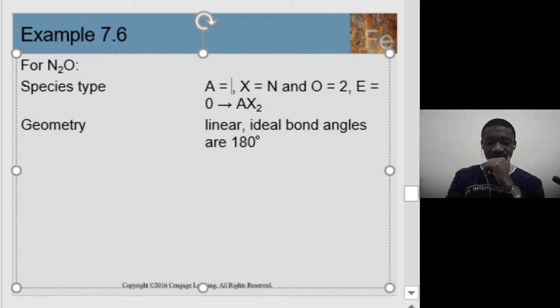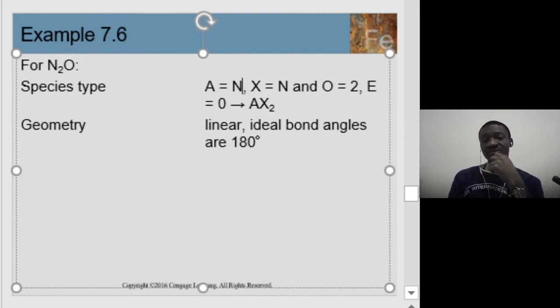Okay, it's correct. You have N as a central and N as also an attachment, so it's both. So it's very correct. Because you have the central and the attachment, it's like this.